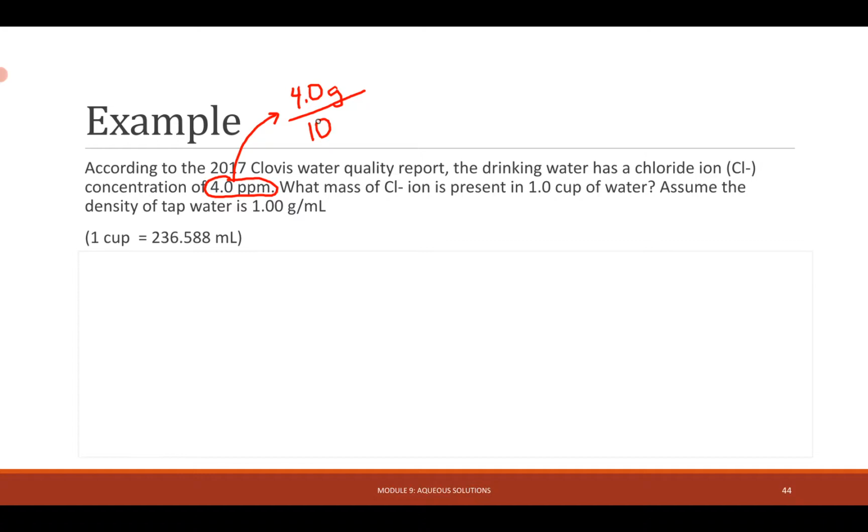That means I must probably need to use it as a conversion factor at some point. So 4 ppm means 4 out of a million. And I want to find the mass of chloride ion. So I'm going to write that up here so that I remember what I'm trying to find.